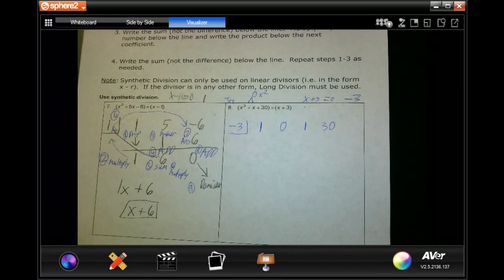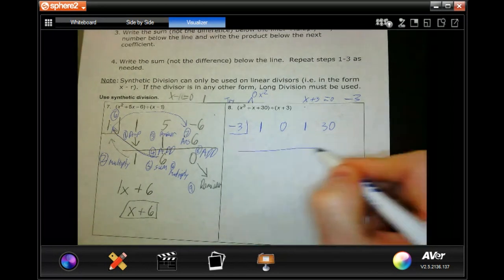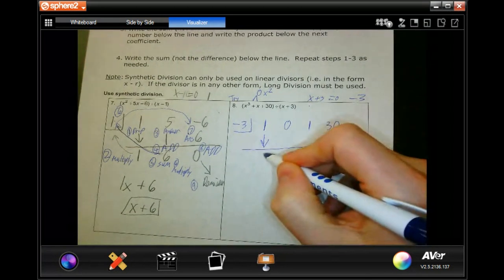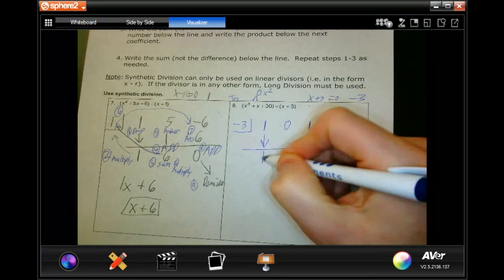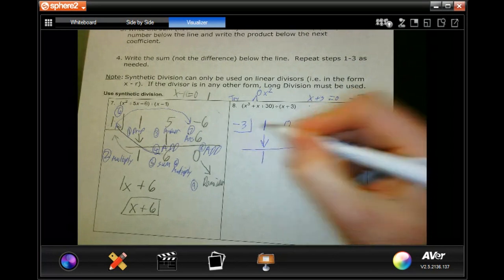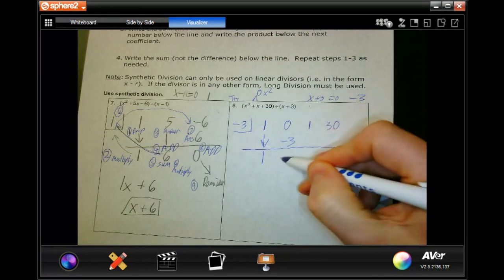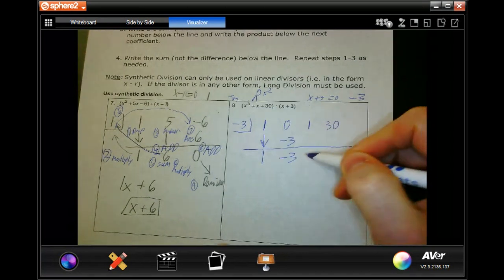I'm going to show you now. This is where I'm going to just do the magic trick, as opposed to telling you how the magic trick works. So leave some space. You drop the 1 down. And you're going to have 1 times negative 3, which is negative 3. You add the 0 and negative 3, which is negative 3.